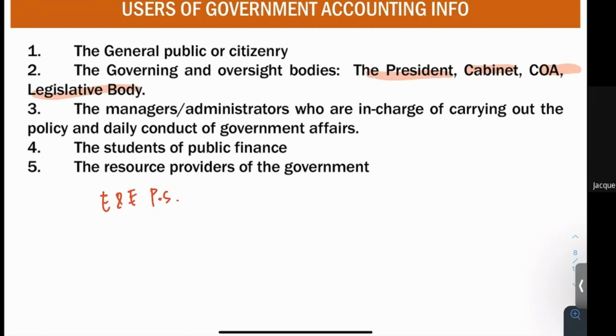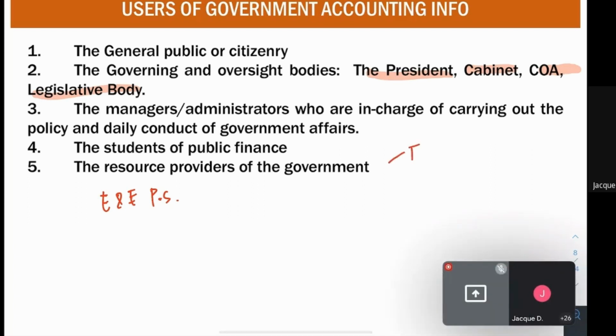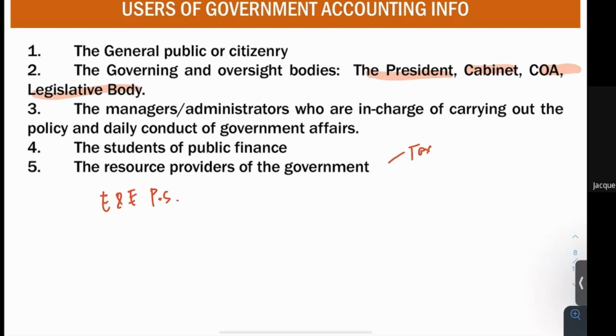Next, users are the students of public finance that is, of course, in the pursuit of their studies or research. And lastly, the resource providers of the government. Actually, you can include here your taxpayers as a resource provider of the government. But since taxpayers are also the general public, then we remove them.